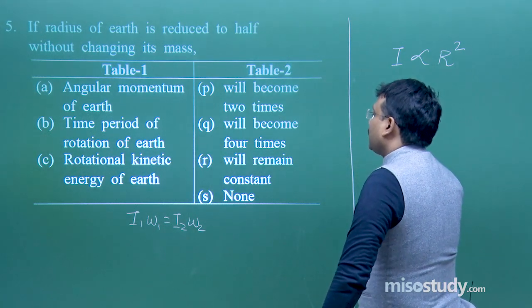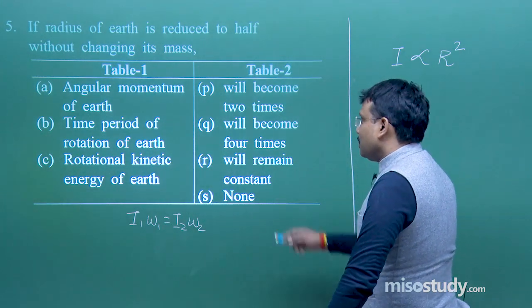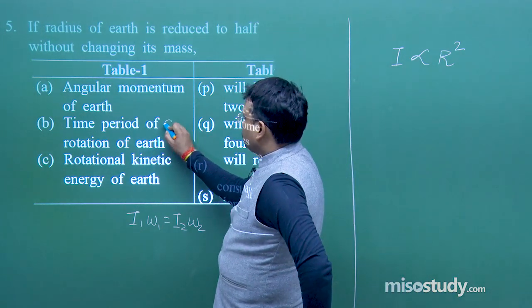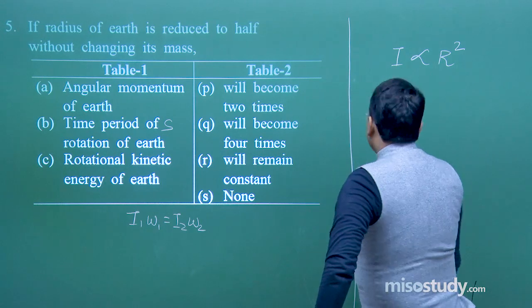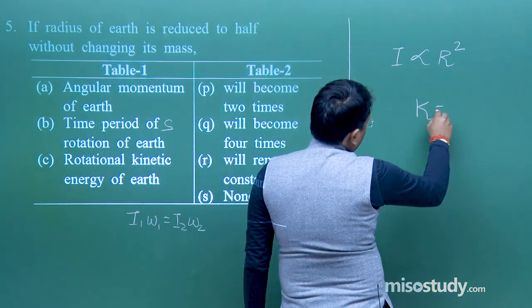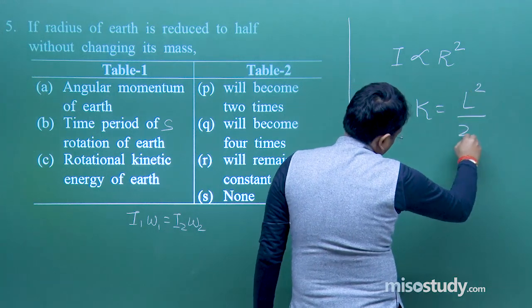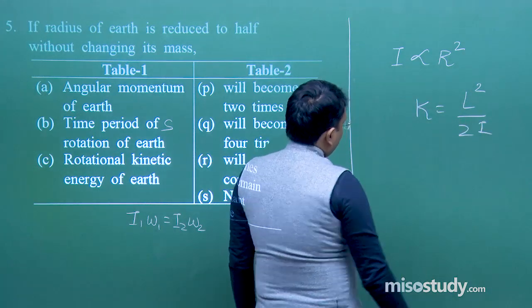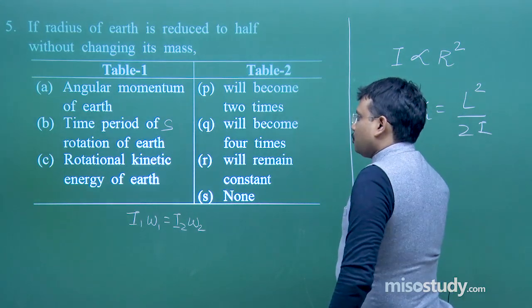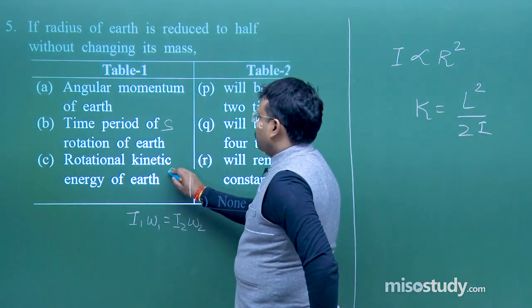So will become 1/4 times. So as such, for B, no option is correct. For S, rotational kinetic energy of the earth, fine. Rotational kinetic energy is L square upon 2I, okay. So L square upon 2I, so it is going to be 4 times. So rotational kinetic energy is Q.